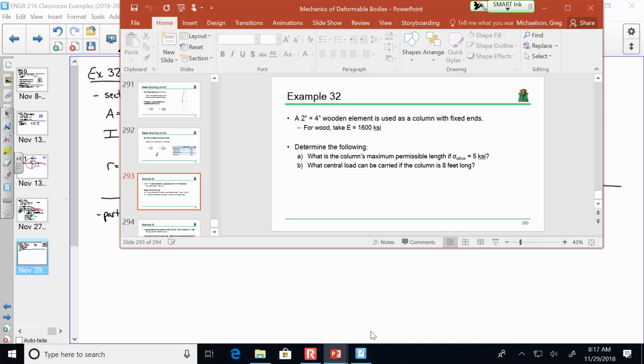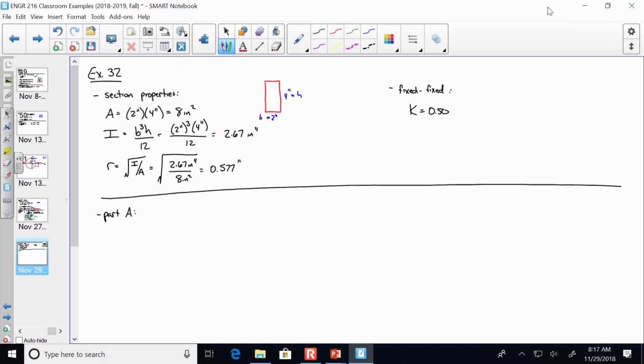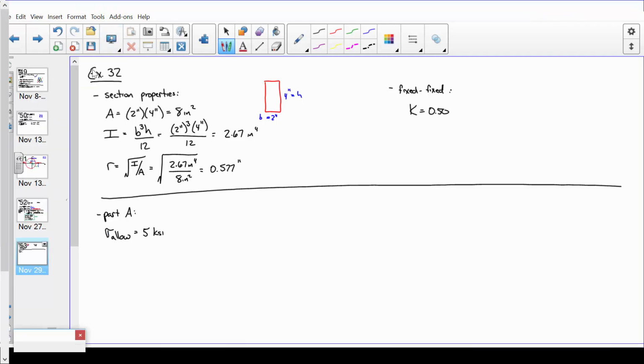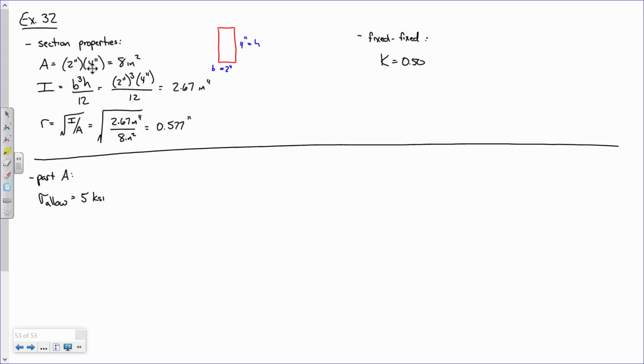Let's see what happens. Okay. Allowable stress is 5 KSI. We're going to do some figuring because I just want to see what happens.